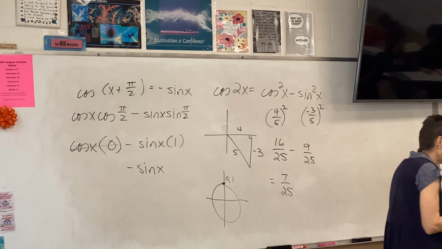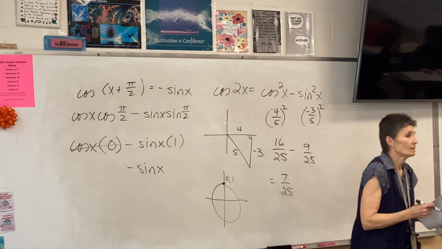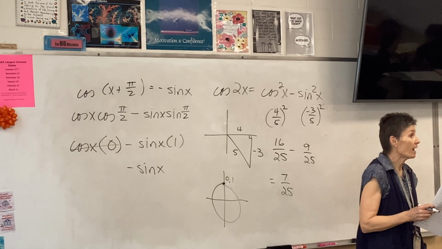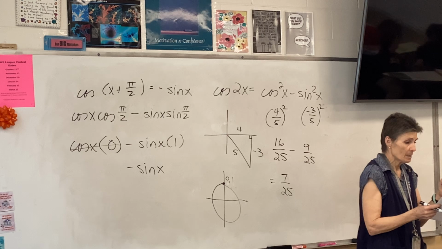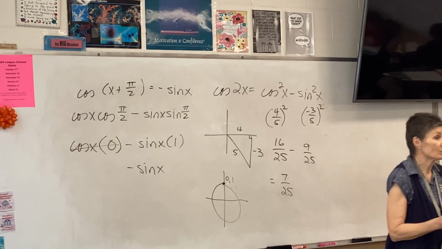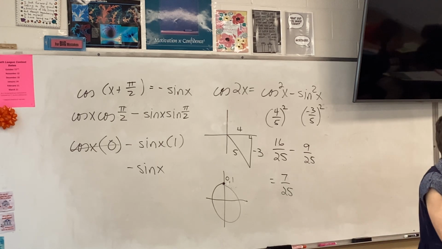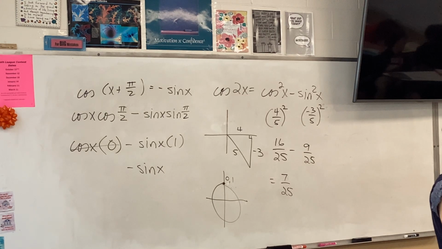C is the sine of the half angle, 12 over 2, so it's going to be sine 6. Next one is sine of 2 times the angle, 2 sine cosine, which is sine 2x, so that's going to be sine 166.